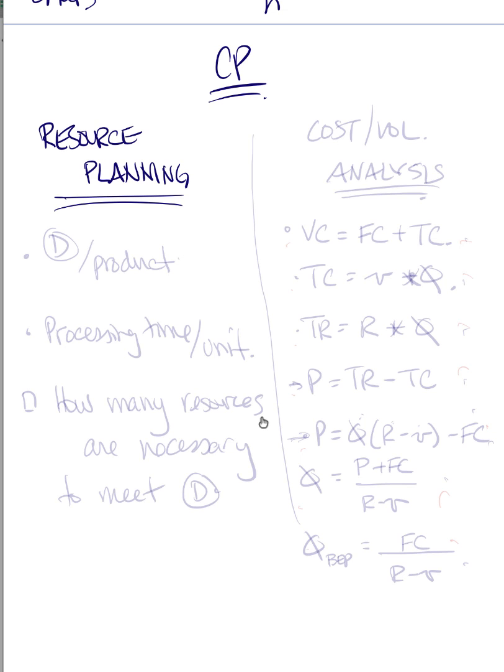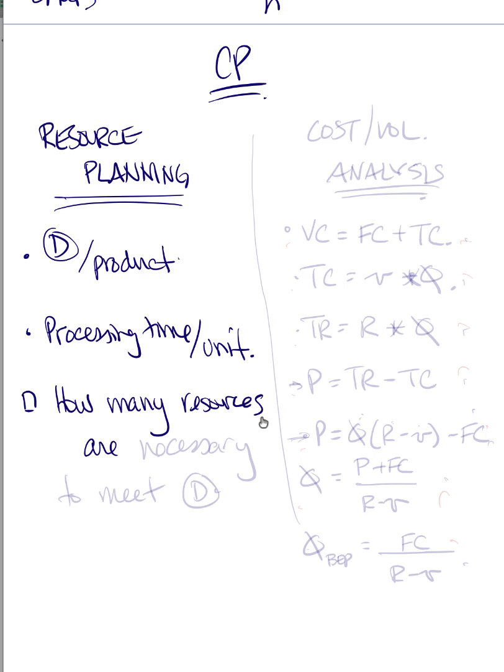The resource planning is all about knowing the capital D, so we're talking the annual demand of each product, being able to calculate the processing time to make each product, and then being able to determine how many resources are necessary to meet the expected demand.